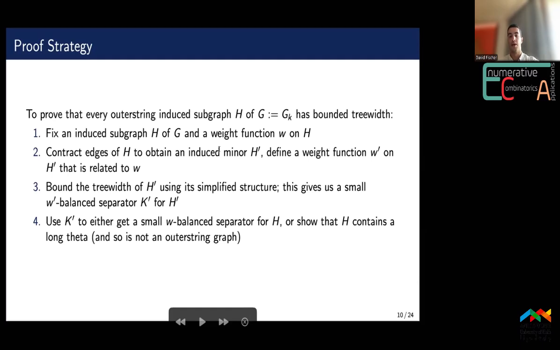And so this will tell us that we can find balance separators on H prime for any weight function, but in particular, this W prime, which will be related to W. And using this balance separator that we get for H prime, we can get a balance separator for H. And as it turns out, this isn't exactly enough. We're going to have to take an extra step, which is where we're going to use the fact that our graph is an outer string graph, but we'll see that in a second once we get into the details.